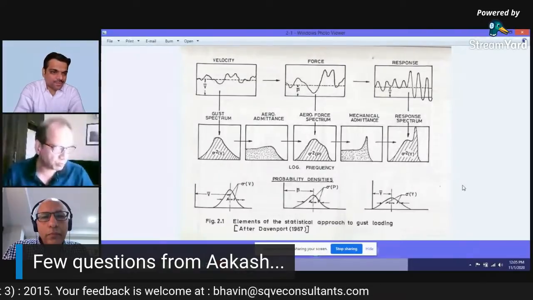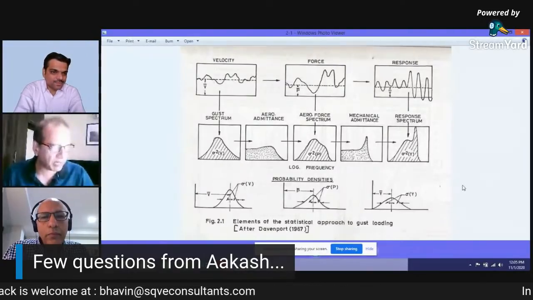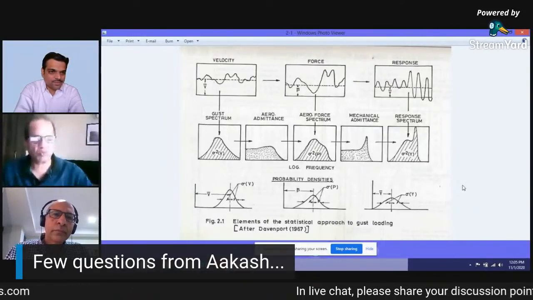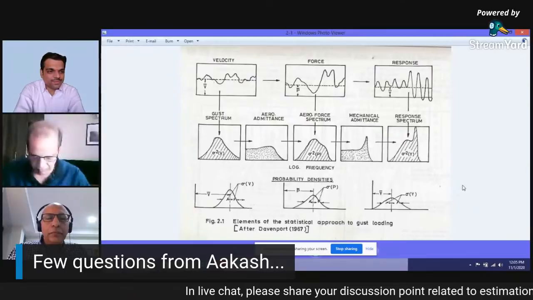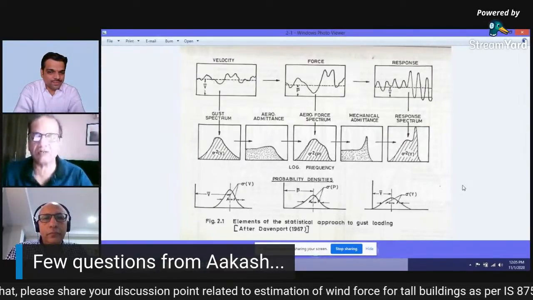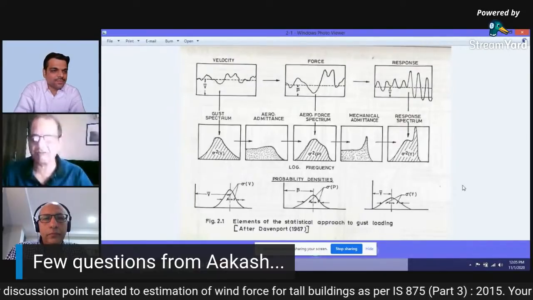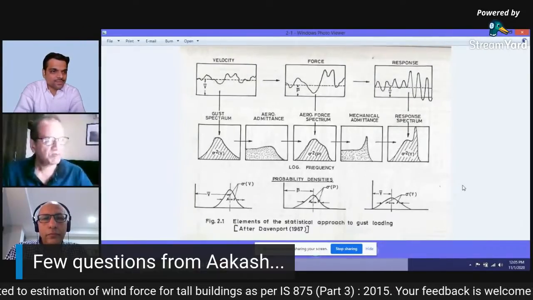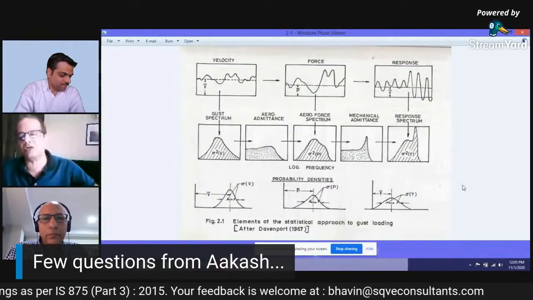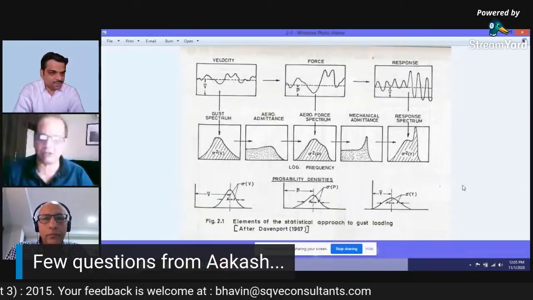So the overall response of the structure is composed of three parts. One part is static, which is not part of this diagram, which is the one in that formula. Then there are two parts. One part is a background response, as Dr. Ni explained, which corresponds to the response generated in the structure because of the non-resonant frequencies of the aerodynamic spectrum.